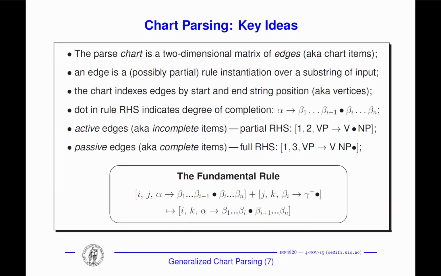Let's go back to the fundamental rule. What do I know about these two edges? Use the dating metaphor if it helps. And they need to be in the same bar.